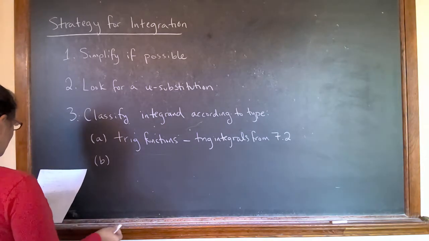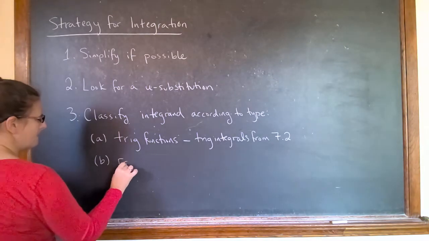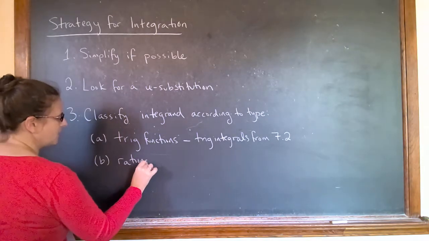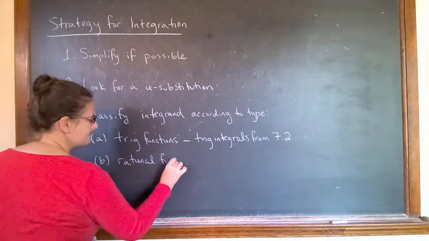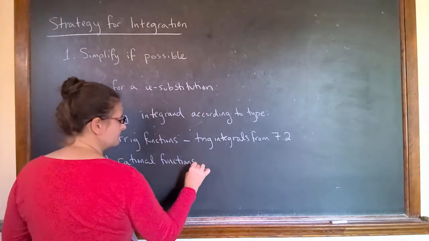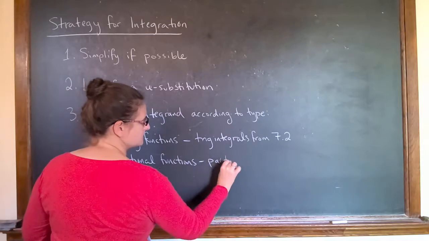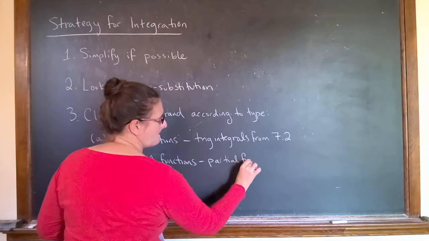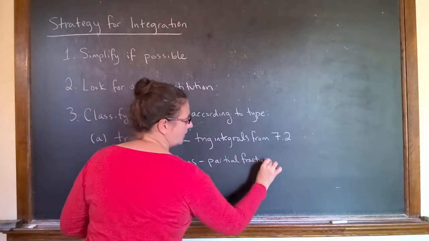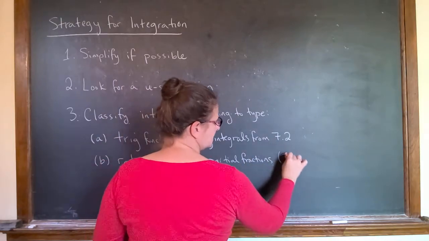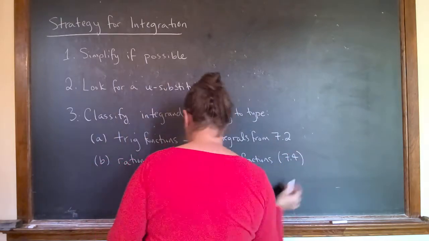If I have a rational function, then it's partial fractions, and that was in 7.4.